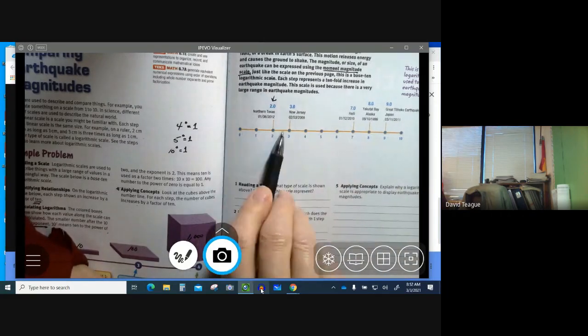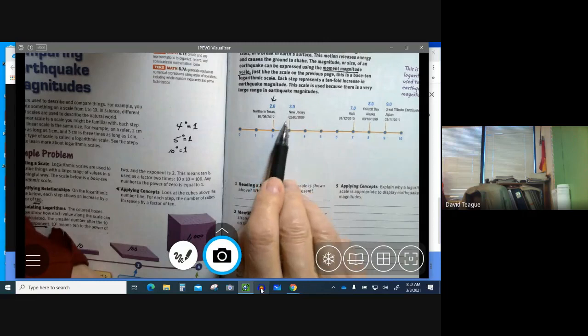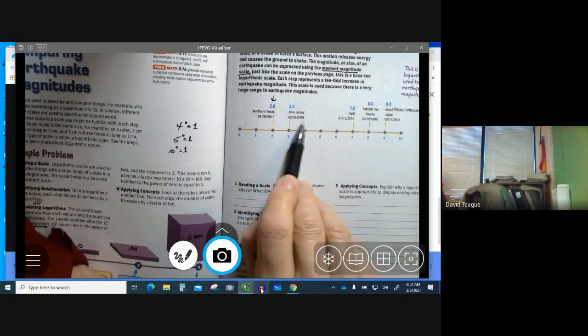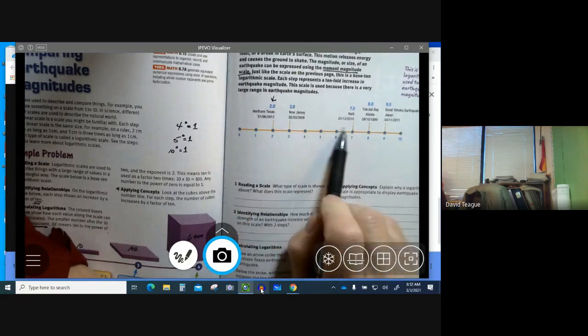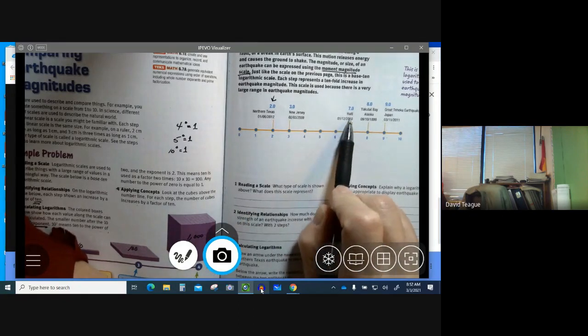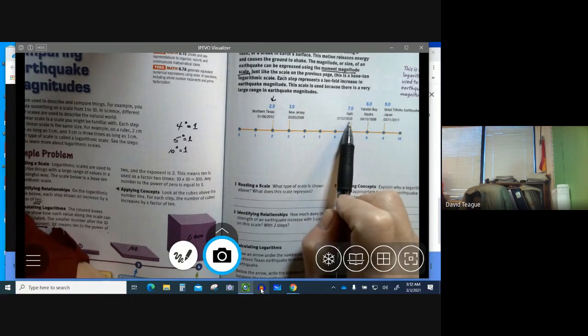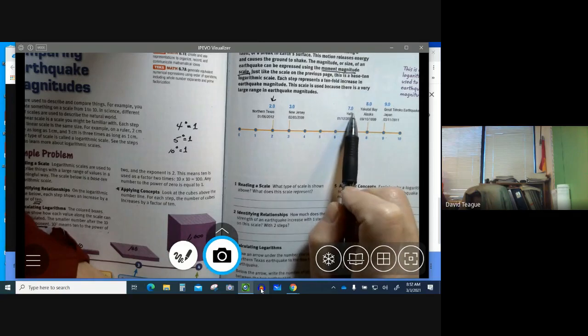Then in New Jersey in 2009, they had a 3.0 earthquake. Haiti, you remember Haiti in 2010? It pretty much devastated the whole island. That was a 7.0 magnitude earthquake.